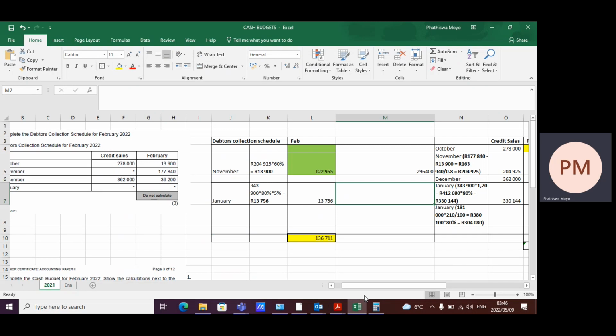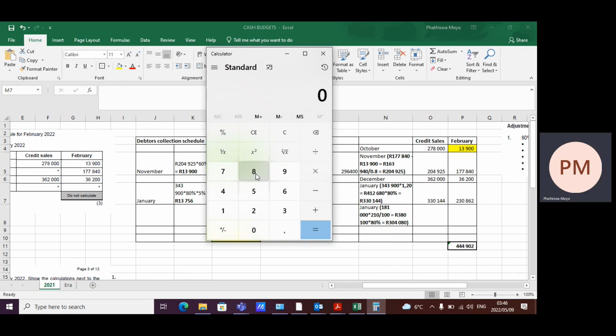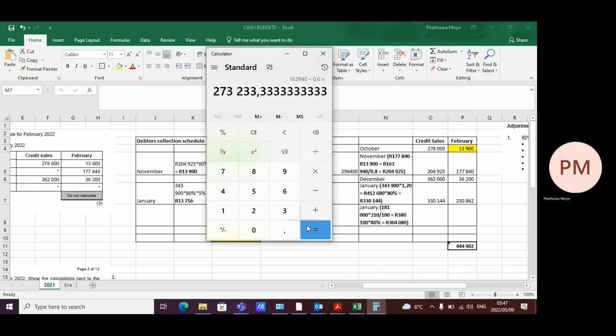Now, 60% of this was collected in February. So 163,940 divided by 60%. It's 273.